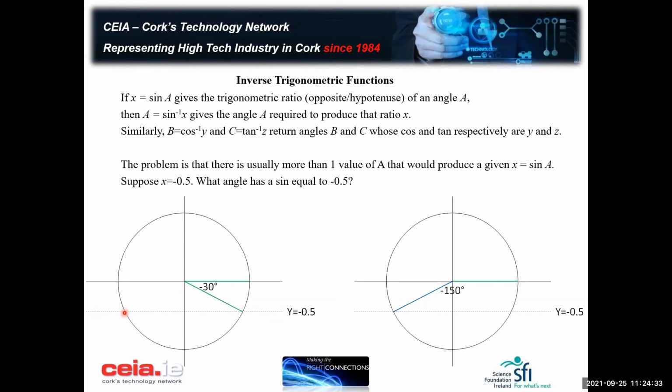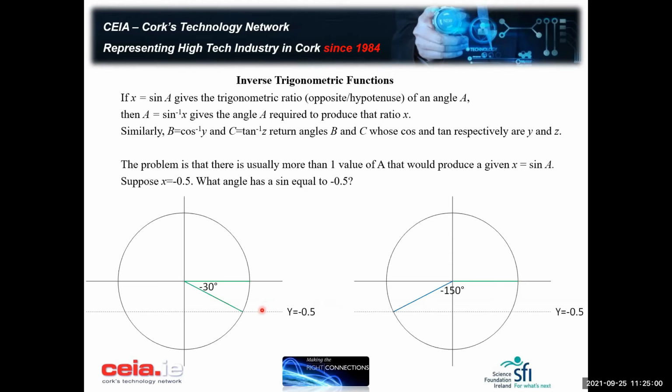But we're restricted to the unit circle, so it's where this line intersects the unit circle. And you can see that it intersects at 2 points. At this point here, which is the angle minus 30, but also over at this point, which is the angle minus 150. So there are at least 2 angles that give you a sine of minus 0.5.